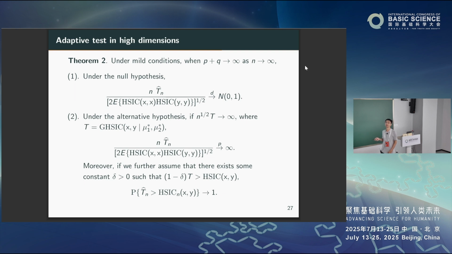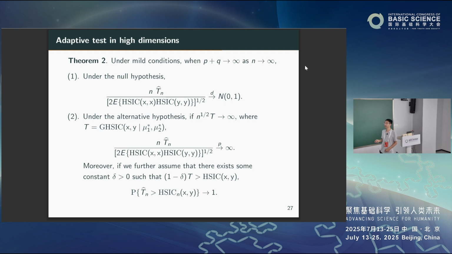So this ensures that our test can be powerful in high dimensions, even when nonlinear dependence exists. This is because this condition, the T, can characterize nonlinear dependence in high dimensions.